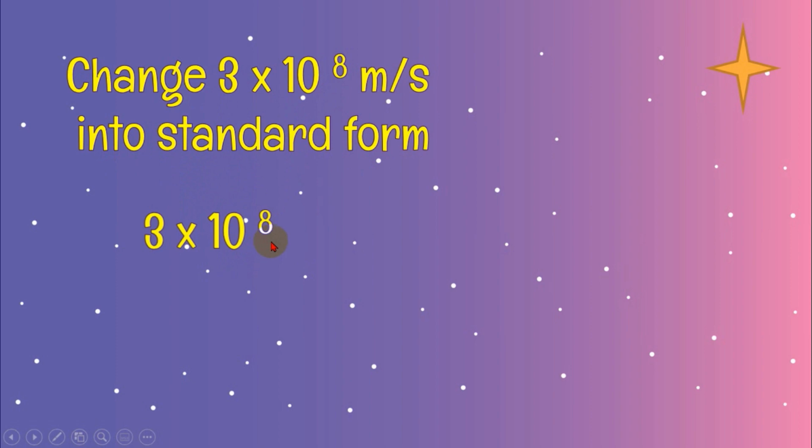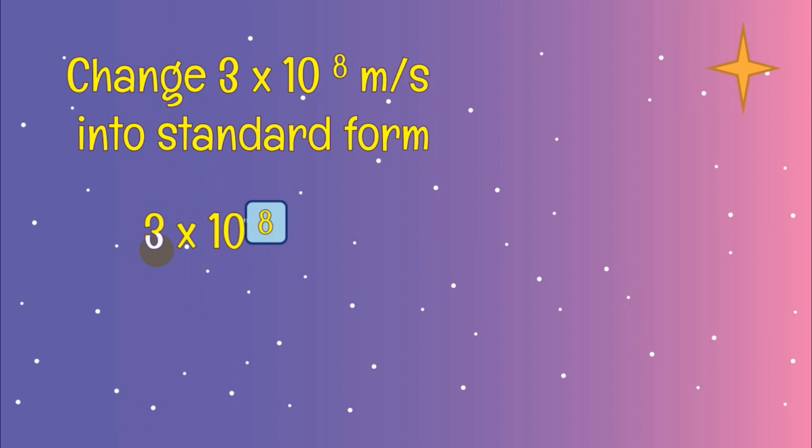Step number 1, determine your exponent, because it will tell you how many times you are going to move the decimal point. Now, since your 8 here is positive, we are going to move the decimal point 8 times to the right. If we take a look at our number 3, it doesn't have a decimal point.